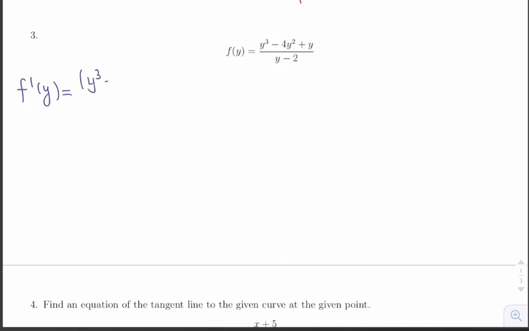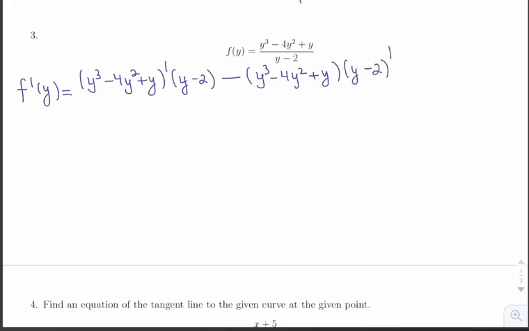The top function prime times the bottom minus the top function times the bottom prime. Divide everything by y minus 2 squared.